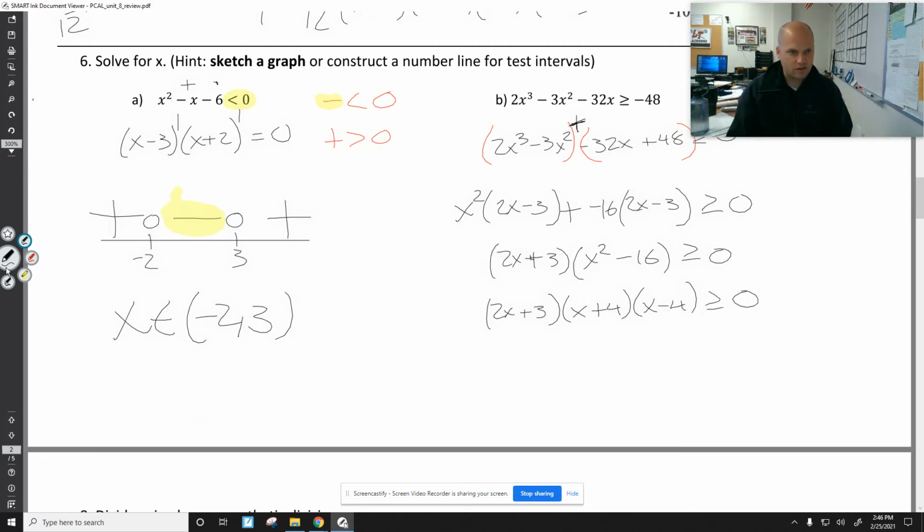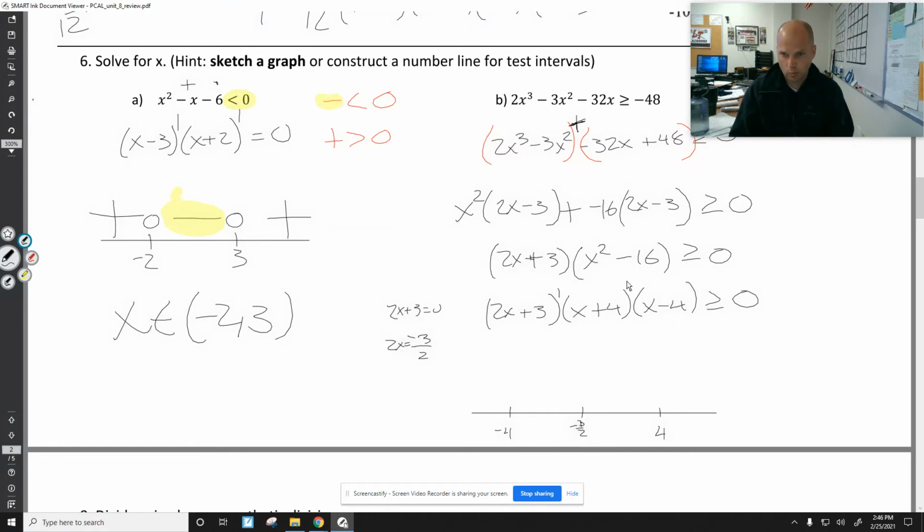Now we can see our zeros. We've got negative 4, positive 4, and then when 2x plus 3 equals 0, subtract 3 and divide by 2, negative 3 halves. That's negative 1.5. So negative 4, negative 1.5, and 4.